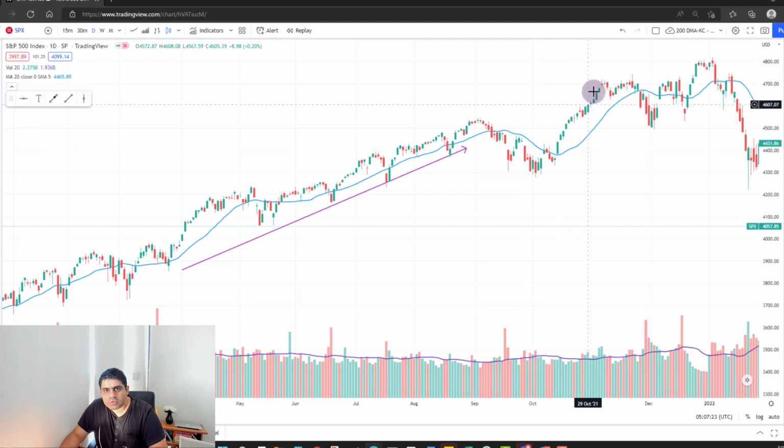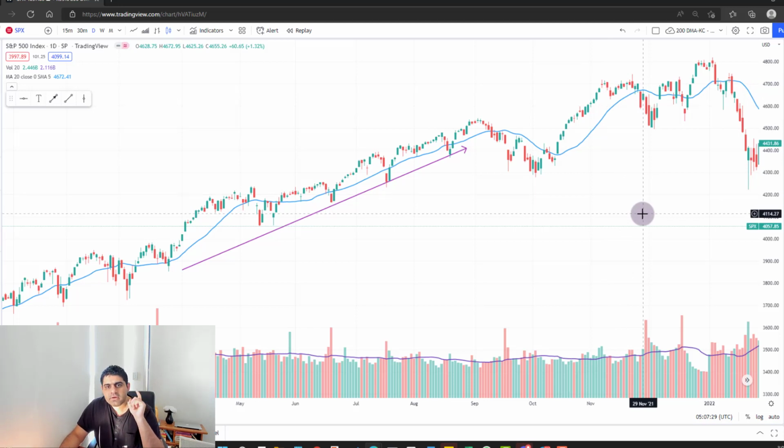Similarly, when it goes too far away from the 20 days moving average, it tries to come back. So it not only tells me that this counter is complying with mean reversion, and that the overall trend has been upwards in the majority of the 2021 year, but it also tells me when I can expect some kind of a reversal in direction, because it cannot stay too far away from its 20 days moving average, right?